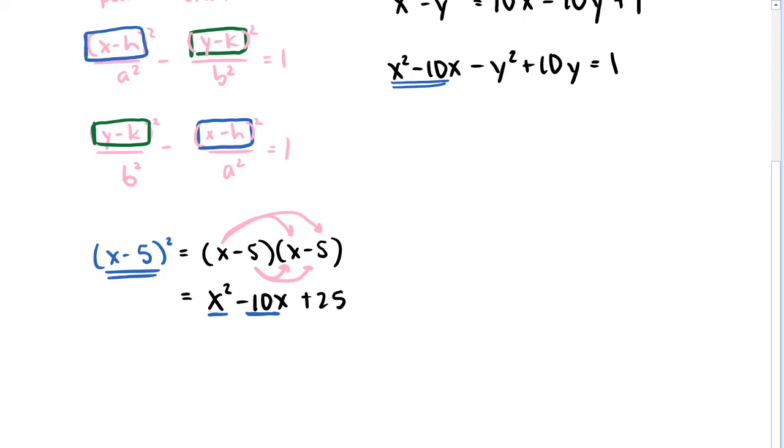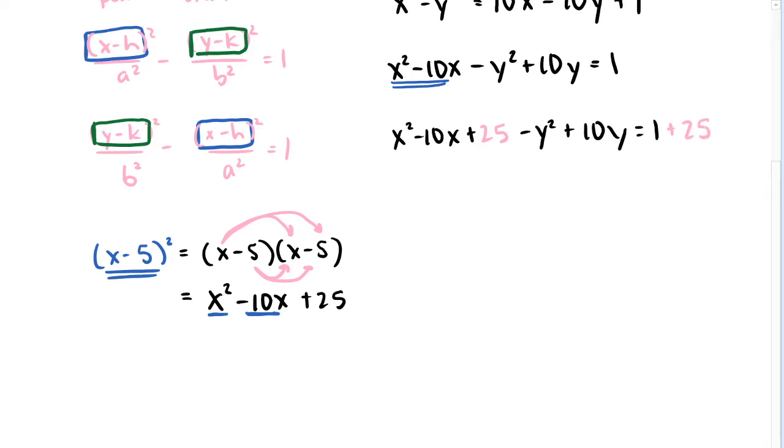And so if I were to add 25 to both sides of this equation, we would have an expression that we can rewrite as (x minus 5) squared. Right here, if I add a 25 to the left side, I can only do that if I add 25 to the right side. Maybe I'll write it in pink. So here, plus 25, minus y squared plus 10y is equal to 1 plus 25.